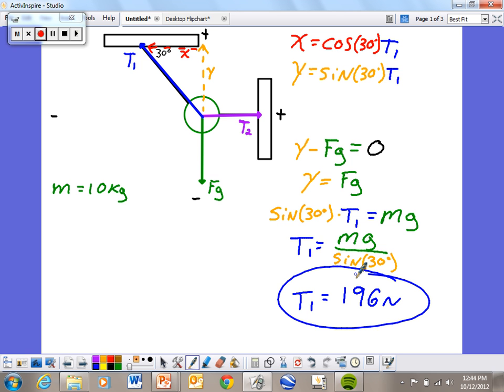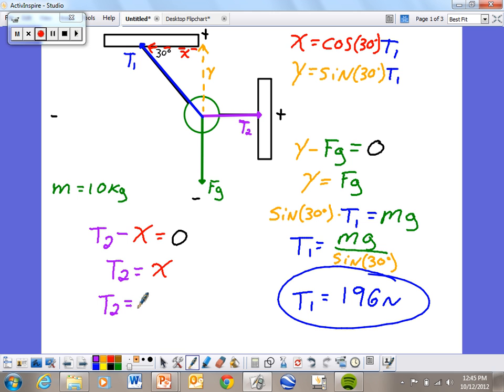So now I have to go to my left and right direction to get my T2. So in my right direction, I've got T2. Left, I've got x. I know that equals 0. So math tells me that T2 has to equal x.